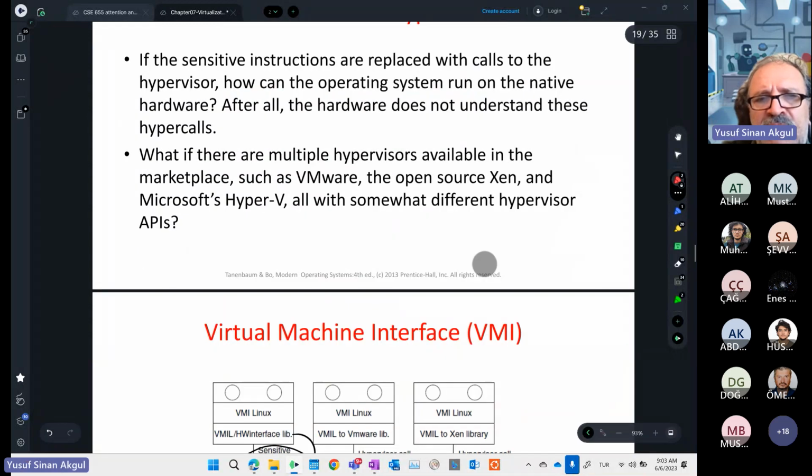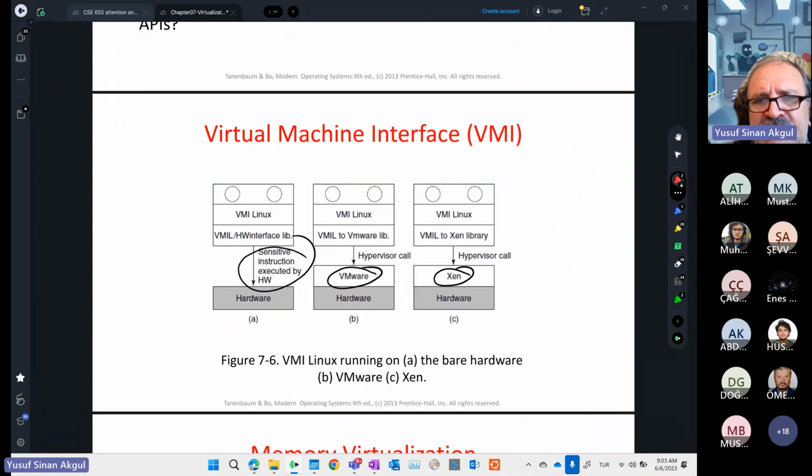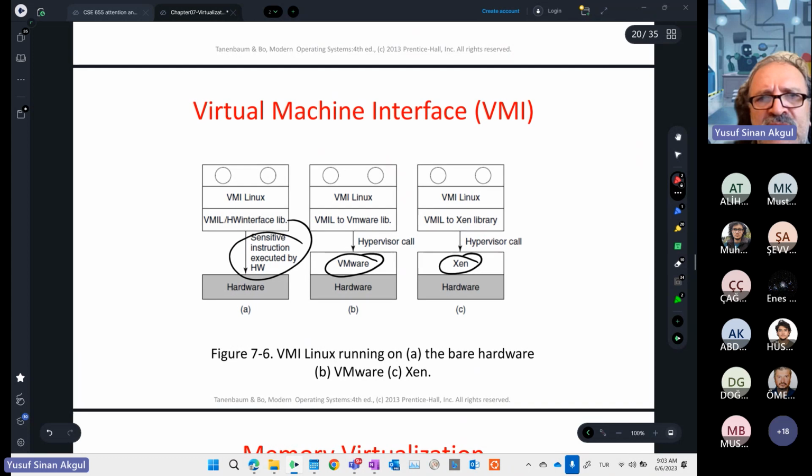Okay, so we looked at those, and basically this is available. This is the virtual machine interface. If all the operating systems behave that way, and I put a layer of software between this virtual machine interface and the hardware, Linux or some other operating system can run directly on the hardware.